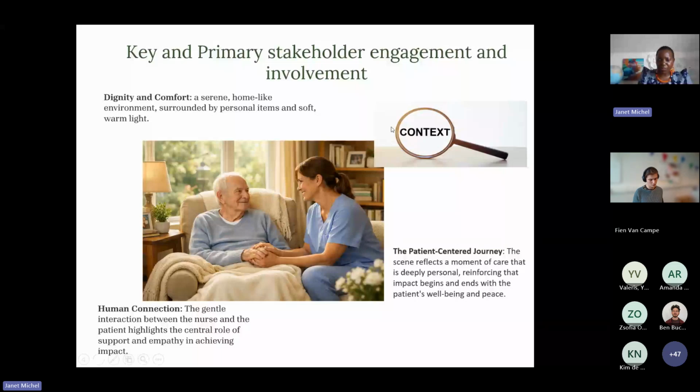Is this a patient that wants to die peacefully in their home? So you can see together they develop this theory of change and ensure that dignity and comfort is accorded.